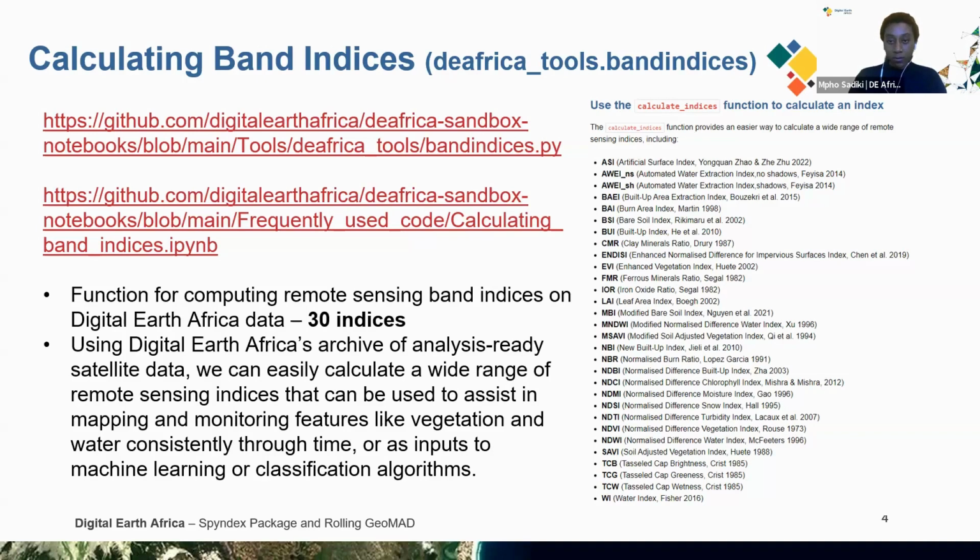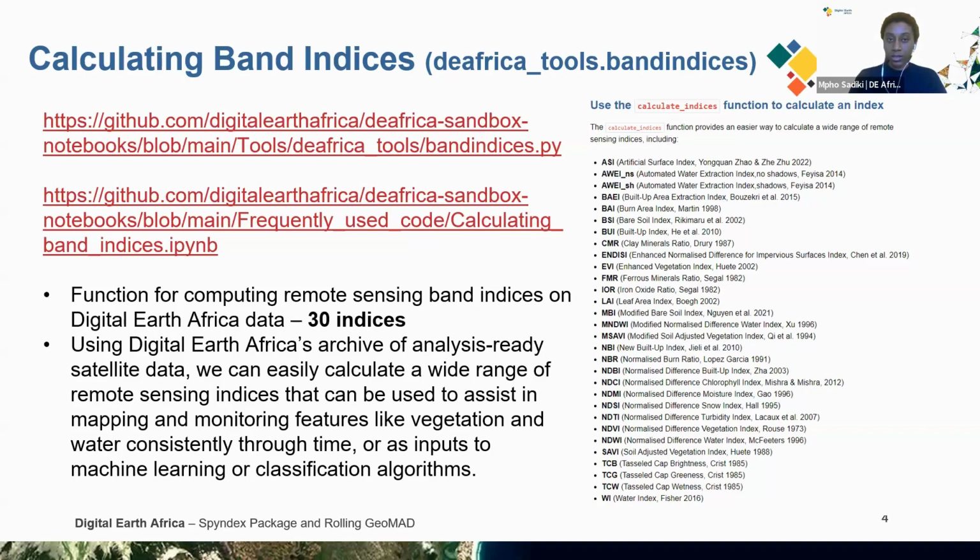This function still exists and can still be used. If you want to have a look at it, you can go through to the sandbox, or you can go to the GitHub to get the notebook. The actual function is contained in the Digital Earth Africa tools folder, while an example of how to use it can be seen in the frequently used folder in the calculating band indices notebook.